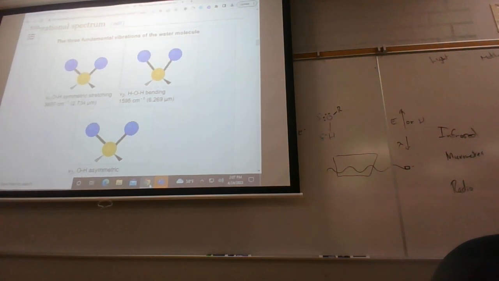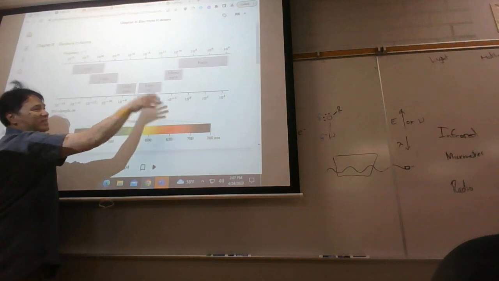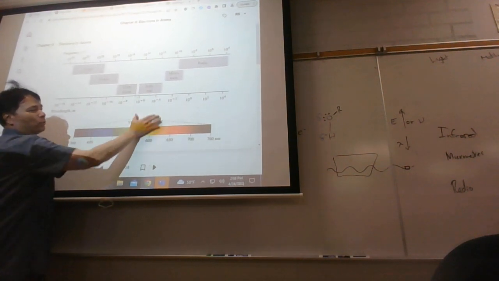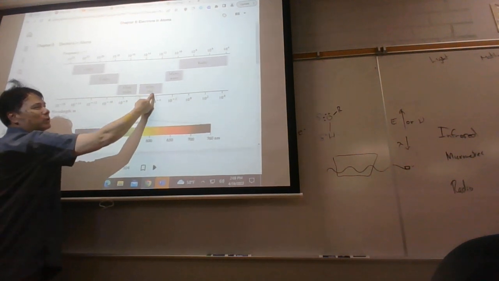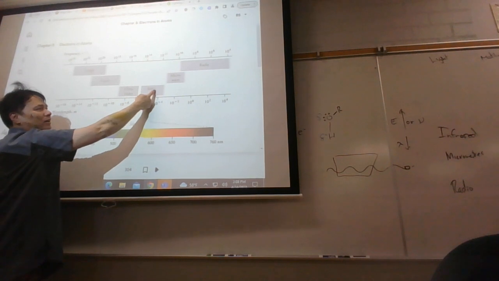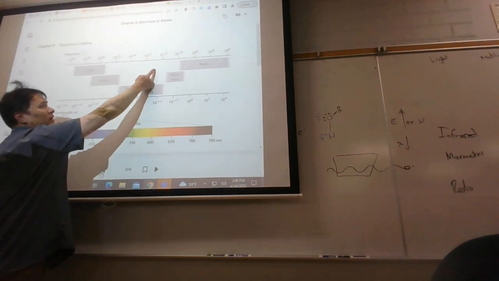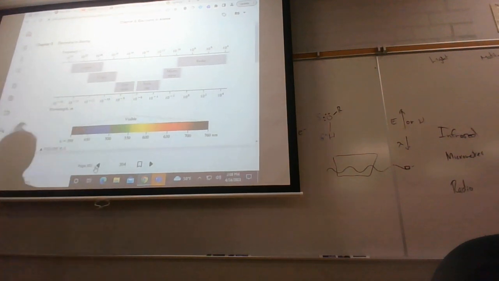Let me just show you here. And so if we have an infrared lamp that's shining infrared light over a range of wavelengths, these wavelengths here, then only one of these will cause that vibration. So that's a very sharp line here, corresponding to a very specific wavelength and a very specific frequency and a very specific energy.